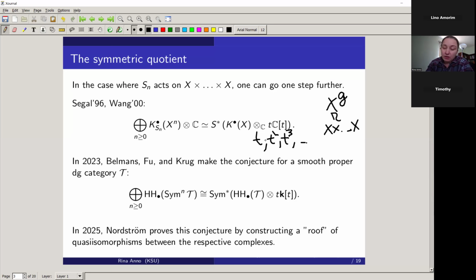To every such X^g, a direct product of several copies of X, we can associate a monomial in t^k. But now we view each t^k as a separate variable.